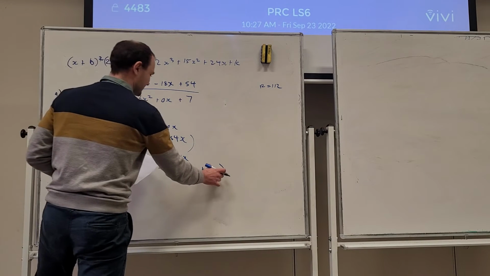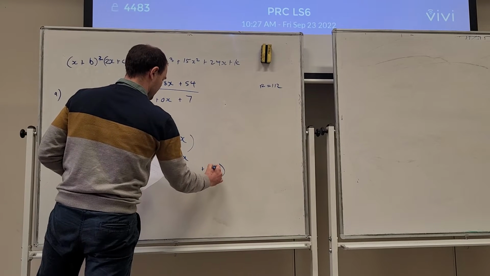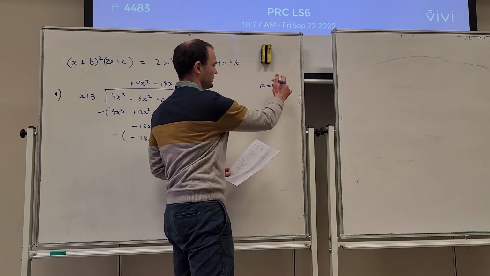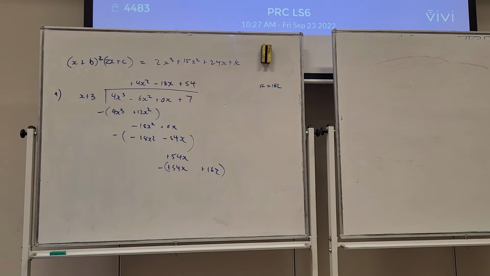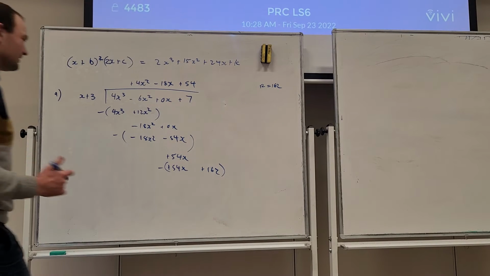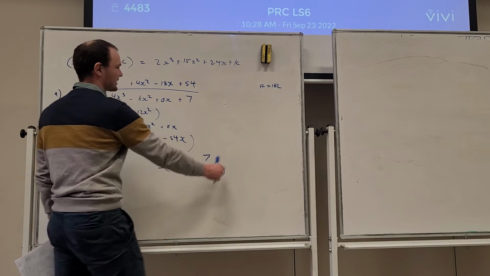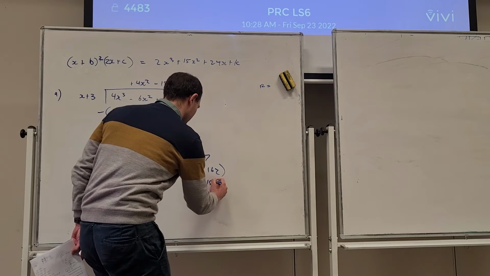Sorry, 54 times 3 is 162. Is that all good? Where does the 7 go now? Oh, yeah, there's a 7 here, isn't there? So now we have 7 take 162, which is minus 155.